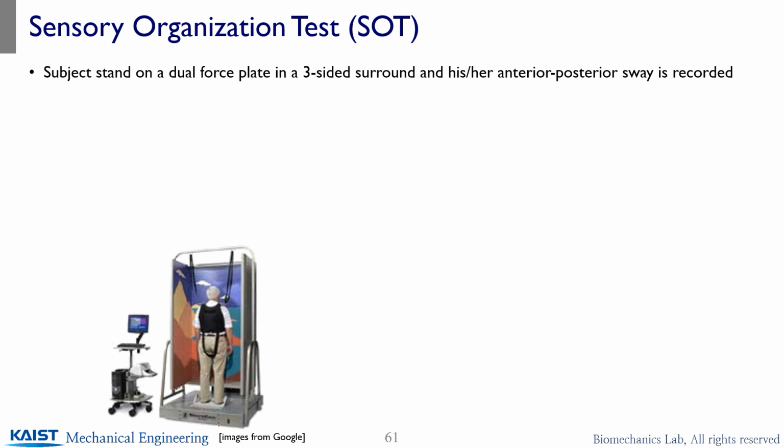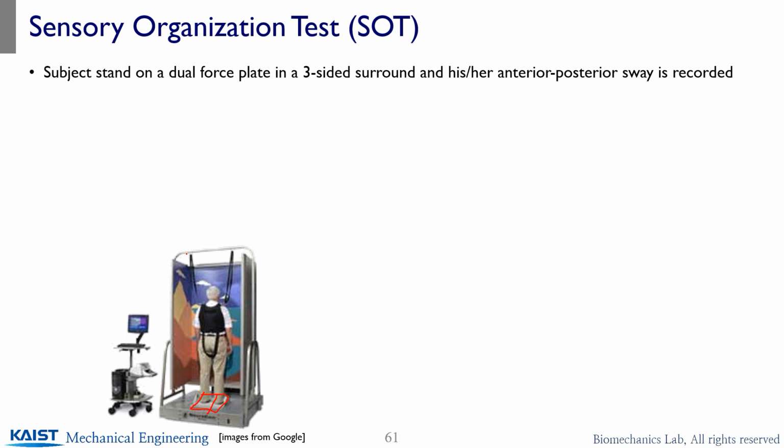This is equipment developed in the late 80s to examine patients who have a balance disorder, especially a vestibular disorder. This equipment is composed of a measurement system at the bottom, a bi-pulse force plate, measuring the center of pressure for the subjects, their body sway back and forth.